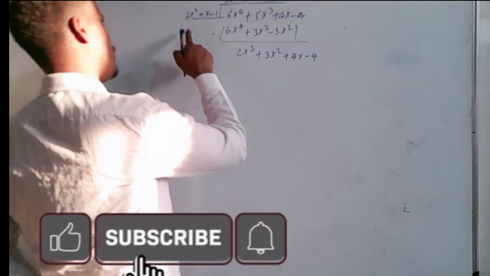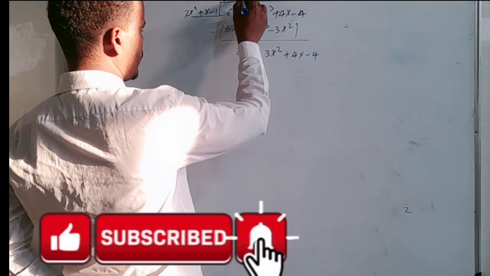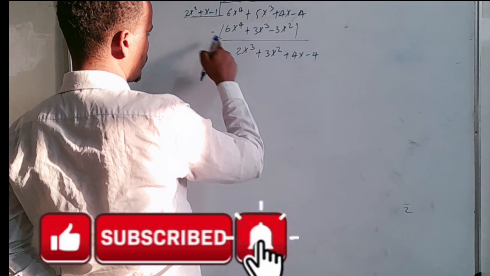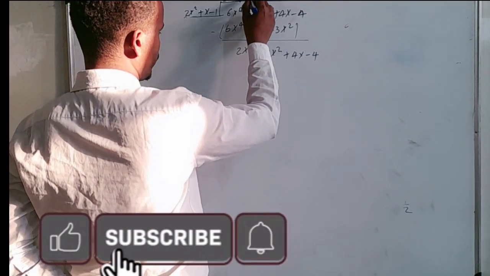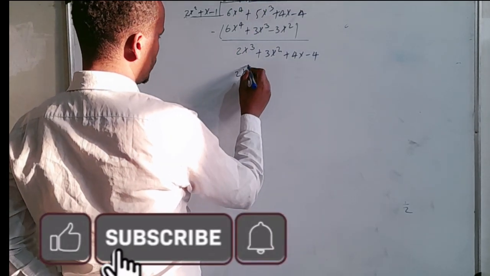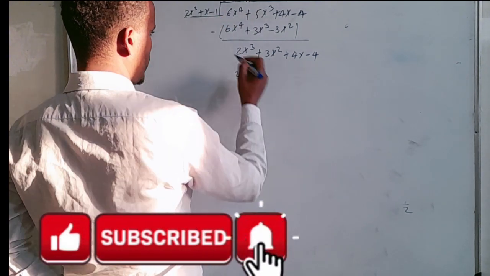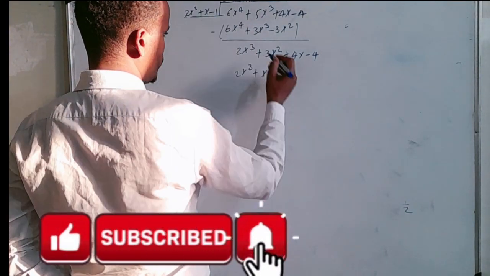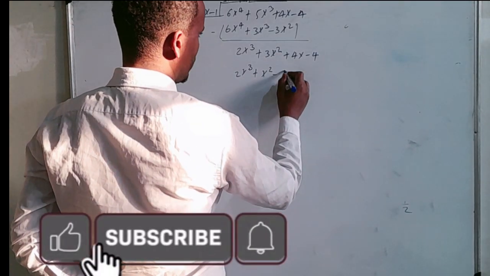And again divide by 2x squared plus x minus 1. The result is plus 2 divided by 2, which is 1, and x cubed divided by x is x. Then x times 2x is 2x cubed, x times x is x squared, and x times minus 1 is minus x.